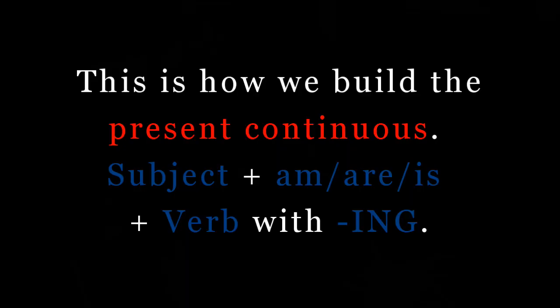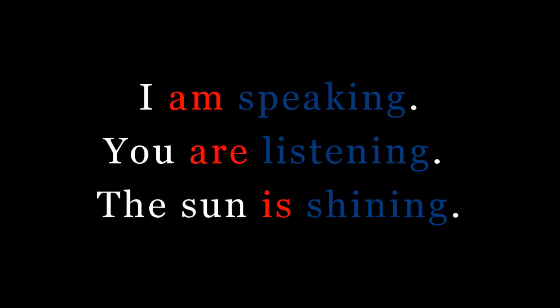So first what we do is we use a subject like I, you, he, she, it, we, they, and then we use the helping verb, the present form of the helping verb to be. So I am, you are, he, she, it is, we are, they are, and then we use a form of the verb ing. So I am speaking, you are listening, the sun is shining.